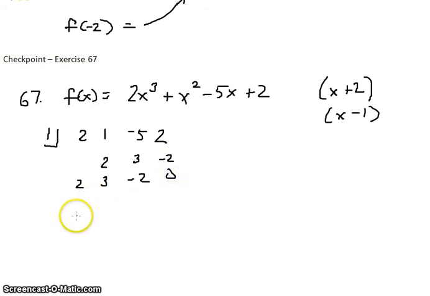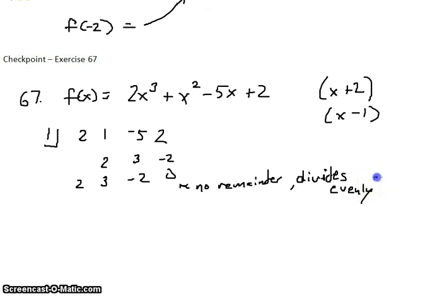So I'm left with 2x squared plus 3x minus 2. So it divides evenly. If something divides evenly, it's a factor. Okay, so it's a factor of this.